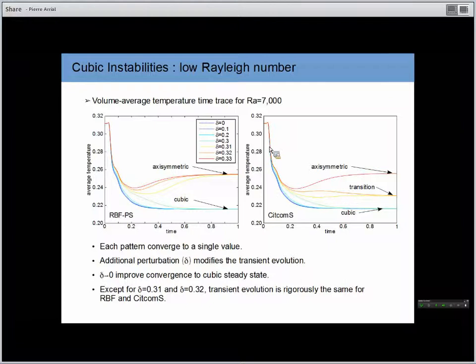We investigated the influence of this perturbation at various Rayleigh numbers. I'm going first to show you an example of a low Rayleigh number, which means lower than 10,000. This figure represents the evolution of the final pattern of convection, so the steady state pattern of convection, as a function of the additional perturbation delta, which is decreasing from the left to the right.